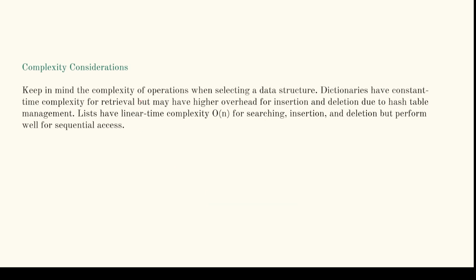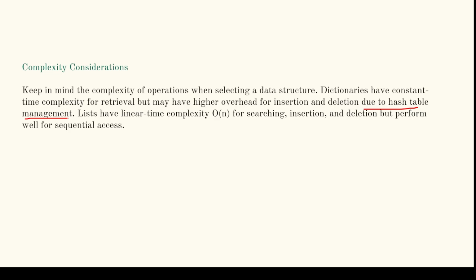Keep in mind the complexity of the operation also. When selecting a data structure, dictionaries have constant time complexity for retrieval but may have higher overhead for insertion and deletion due to the hash table management. So guys, whenever you are adding or removing elements, the dictionary has to manage the keys.